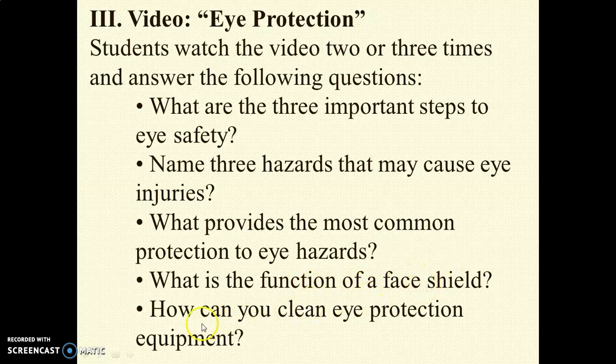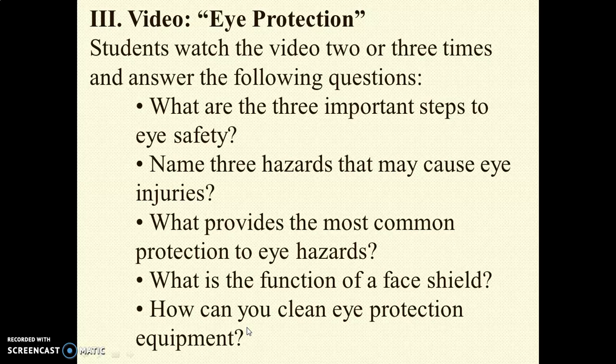And then the last question is, how can you clean eye protection equipment? Of course, when you use them, they might get dirty. How can you clean, I mean safety glasses or goggles, or even a face shield? You have a particular way of cleaning them.